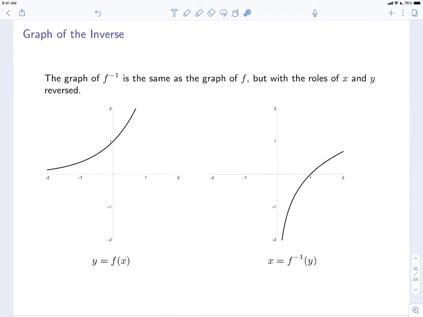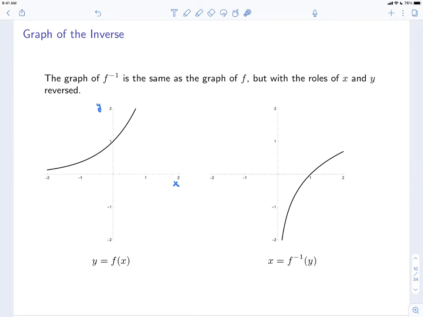And because of this, there's a certain relationship between the graph of f inverse and the graph of f. In fact, they're the same graph. The graph of f inverse is the same as the graph of f, but with the roles of x and y reversed. So in this picture, here on the left, we see the graph of y = f(x). Now the horizontal axis here is x, and the vertical axis is y.